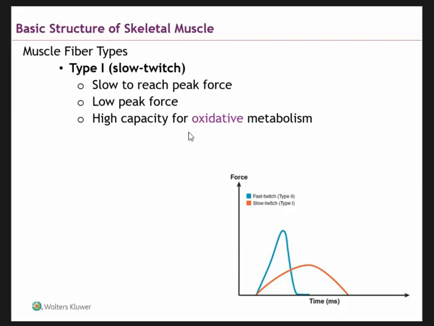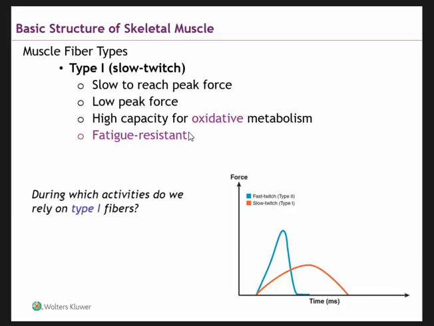But the benefit of this fiber is its high oxidative metabolism. So it uses aerobic metabolism, it uses oxygen to produce energy. And it's fatigue resistant. So based on those characteristics, what activities do we rely on type 1 fibers for? Your guess is probably correct. Aerobic endurance events.